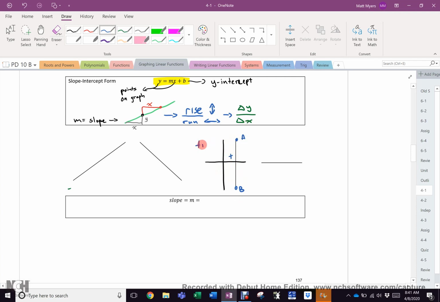So I have a positive rise, but I have 0 for a run. How can I divide by 0? I can't. This is what we call an undefined slope, because it's infinite. And that makes sense, right?